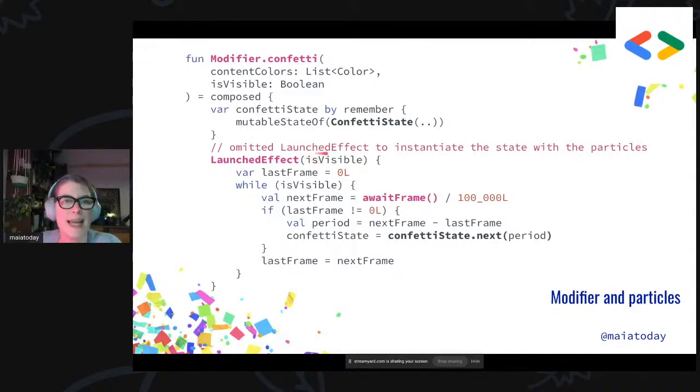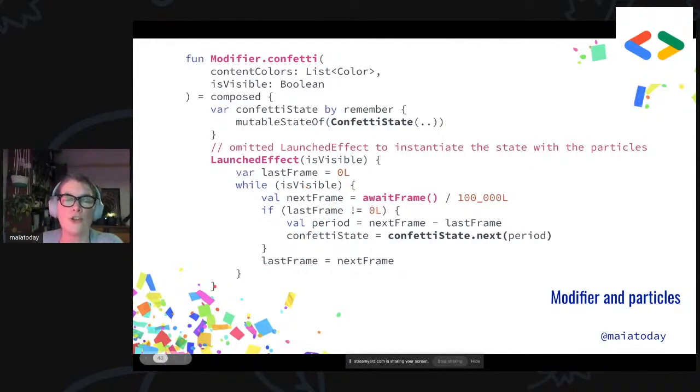So it takes the value of is visible, starts a coroutine and runs this block. If is visible changes, it cancels the coroutine if it was still running, starts a new coroutine and runs this block again. So it comes through with is visible as false because we're not showing the confetti. It checks the while loop, is visible is false, falls through and completes the coroutine.